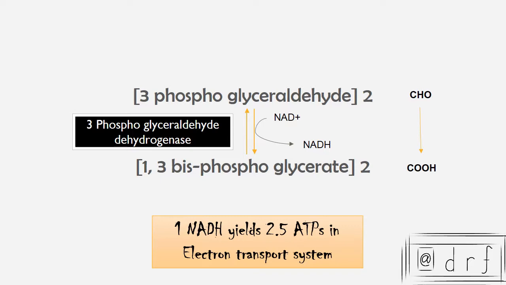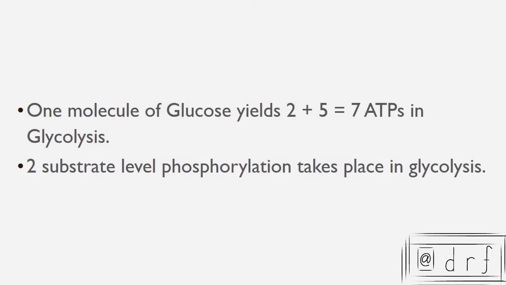As there are 2 NADH, of course, a total of 5 ATPs would be generated in future. So, one molecule of glucose yields 2 ATPs plus 5 ATPs from NADH, and it is in total 7 ATPs in the glycolysis pathway.